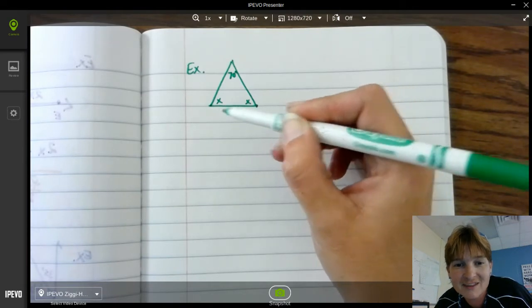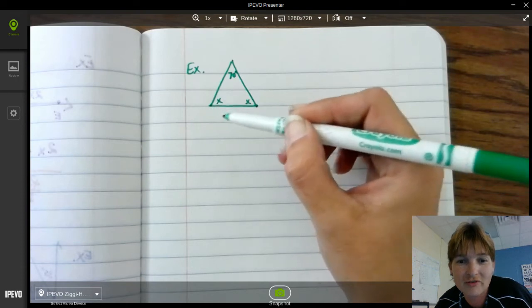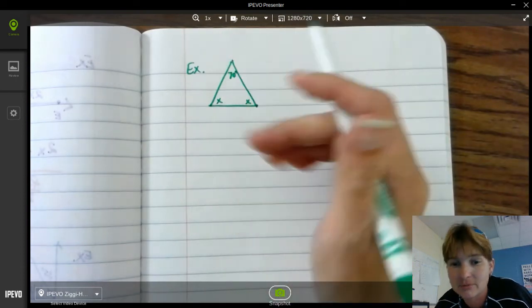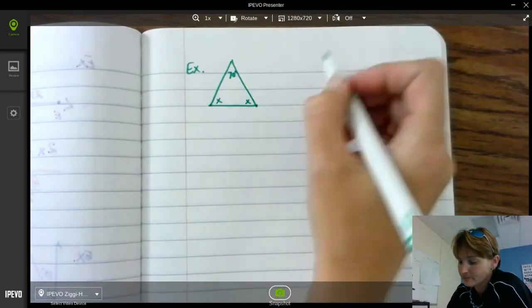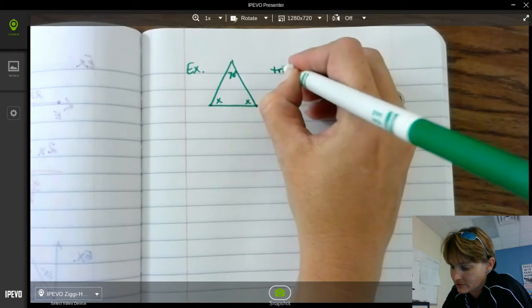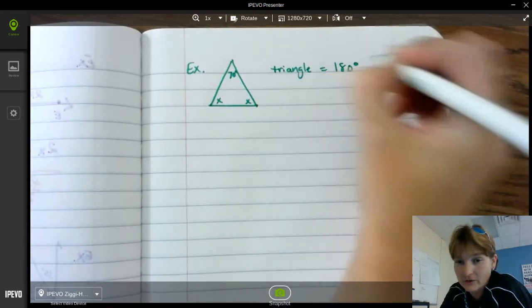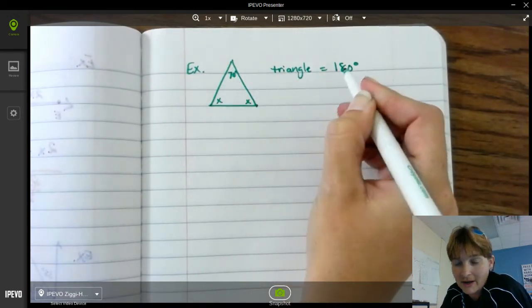Now, since they are identified as the same type of angle using just one variable here, that means they are possibly the same number. Possibly, okay? But we want to be able to get to the math. So remember, a triangle's angles equal 180 degrees. So all three of these need to equal 180 degrees.